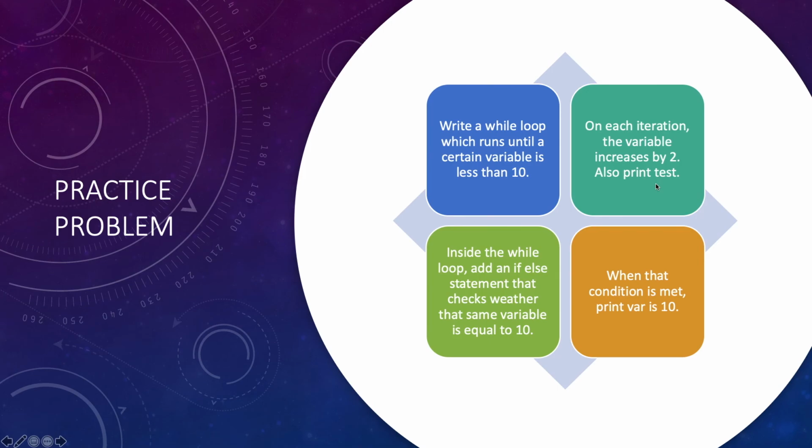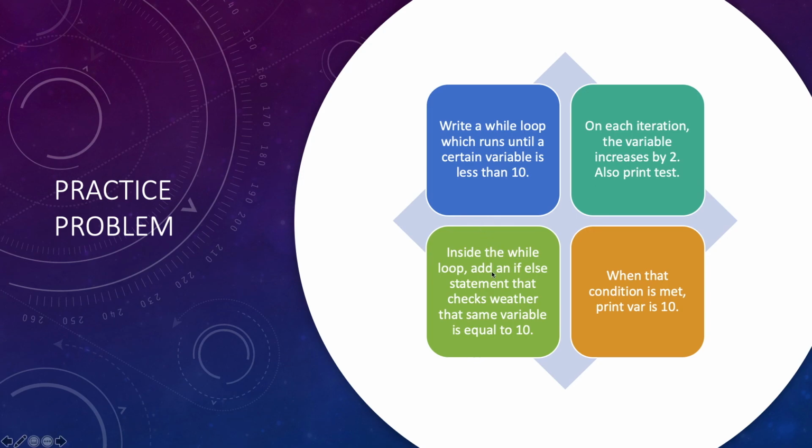So if you were to start from 0, first iteration becomes 2, then 4, then 6, like that.